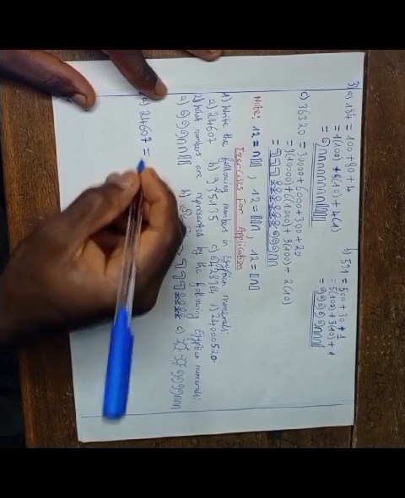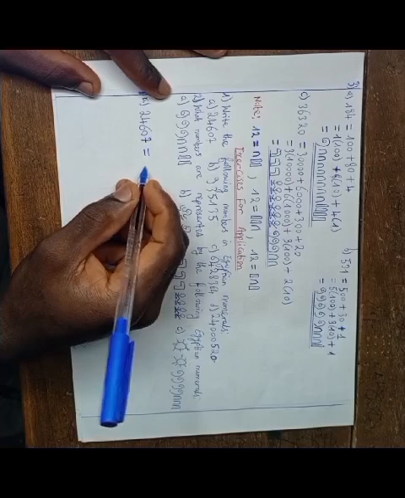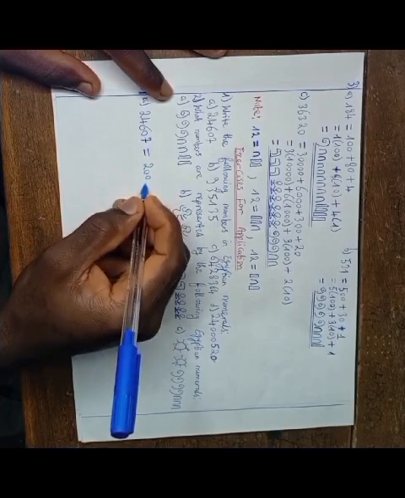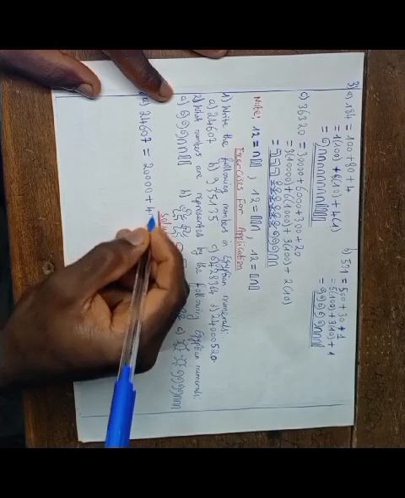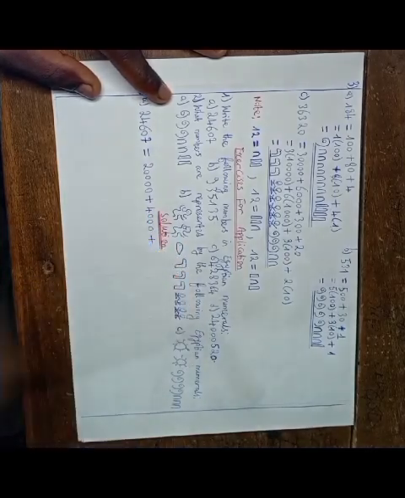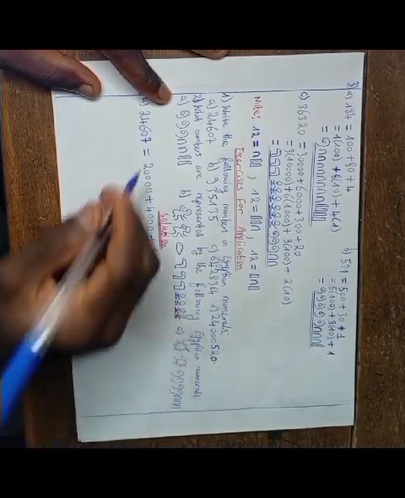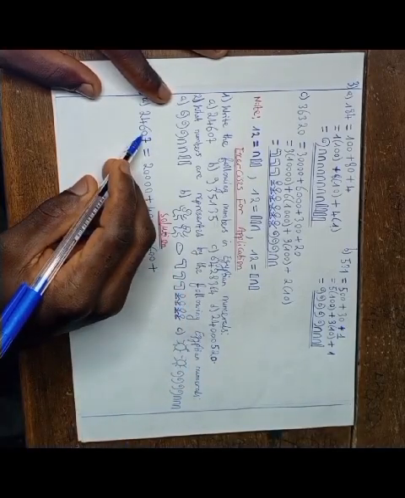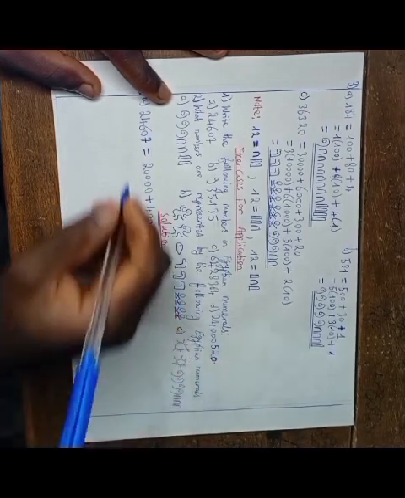This will be equal to, the place value, the value of 2 here is 20,000 plus the value of 4 here is 4,000 plus the value of 600 plus, we are going to ignore 0, move now to 7.